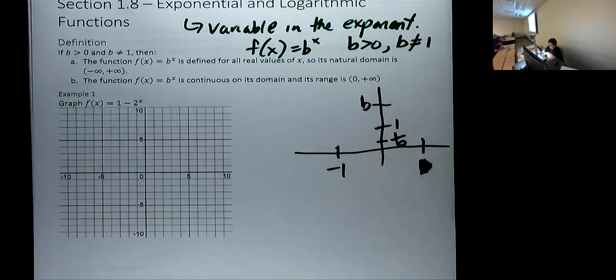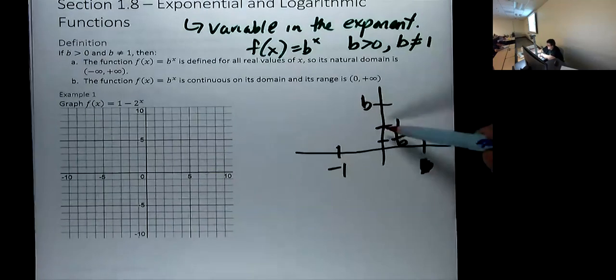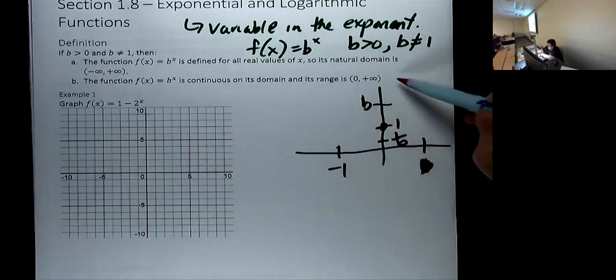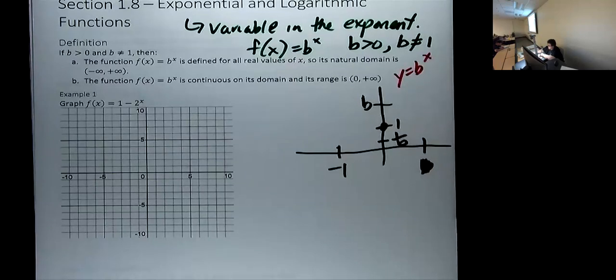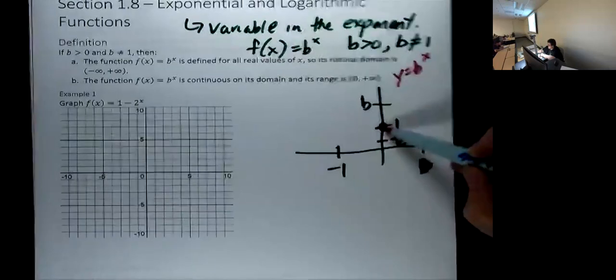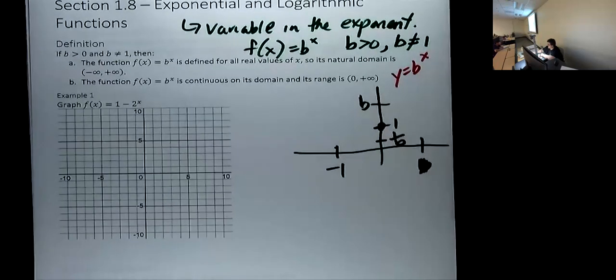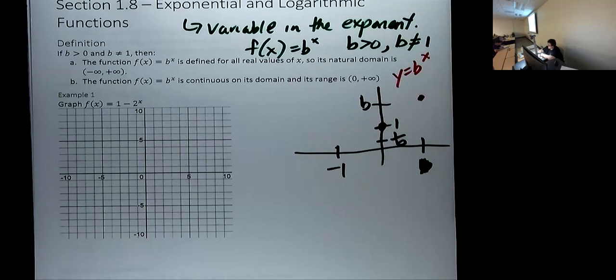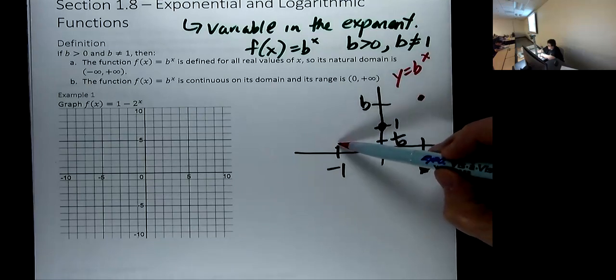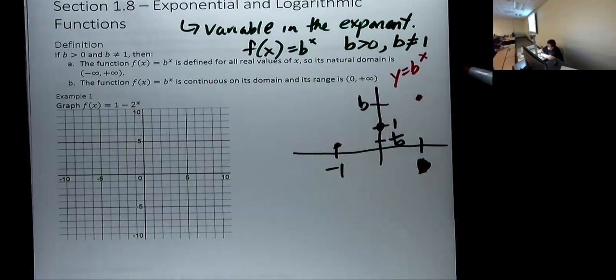There we go. When you plug in x equals 0, this is y equals b to the x. When x equals 0, anything to the 0 exponent is 1. So we have (0, 1) on every single one of these graphs. When I plug in x equals 1, we just have b to the first power. And when we plug in x equals negative 1, we get 1 over b.